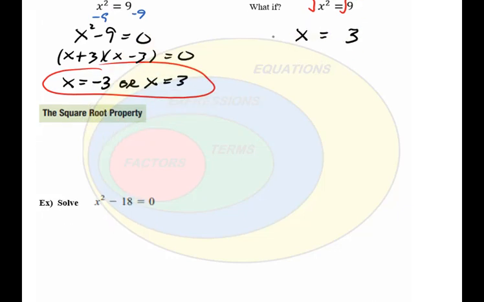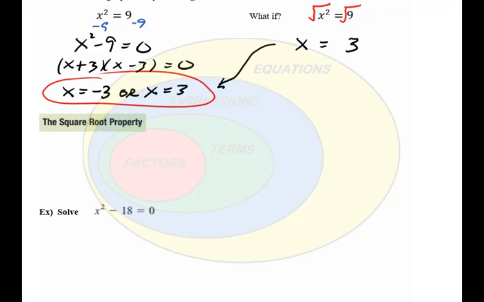So you notice, we're getting our answers, but we're missing one. The square root of 9 is 3. It's called the principal square root. But when we're solving an equation, I want all values of x that make it true. So we just have to remind ourselves that plus or minus 3 will actually solve.